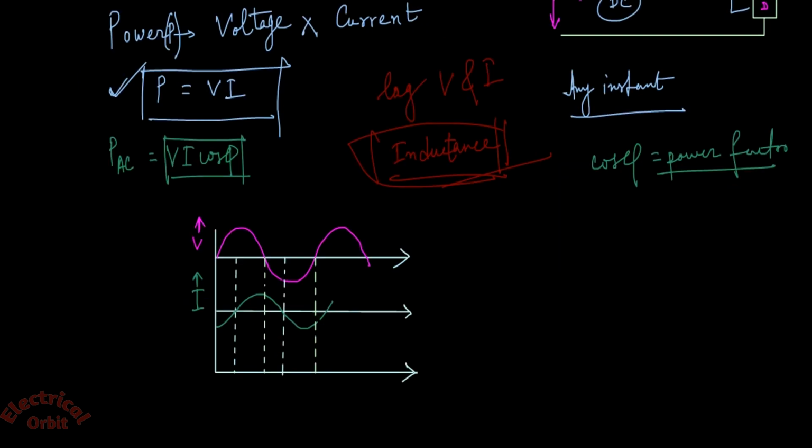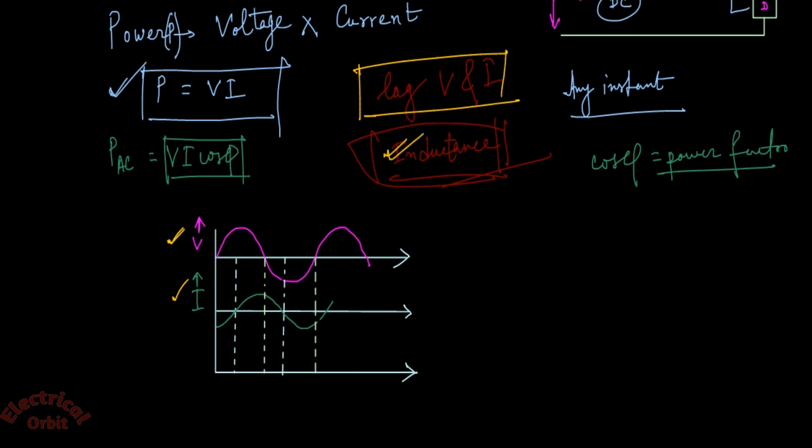Now let us understand this with a waveform. In AC, suppose we have a sinusoidal voltage V, as well as a sinusoidal current I. As I have said, there is a lag between V and I in an AC system due to the presence of inductance in the circuit.